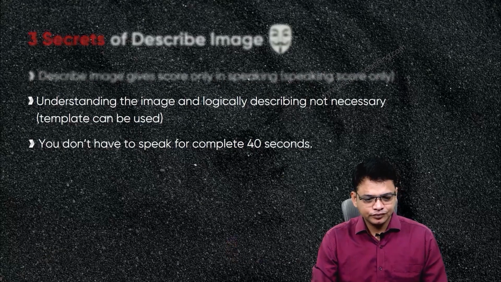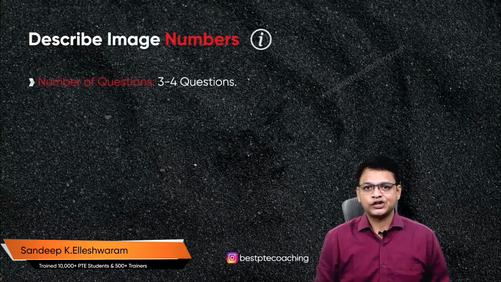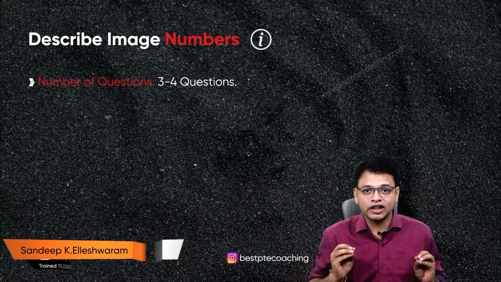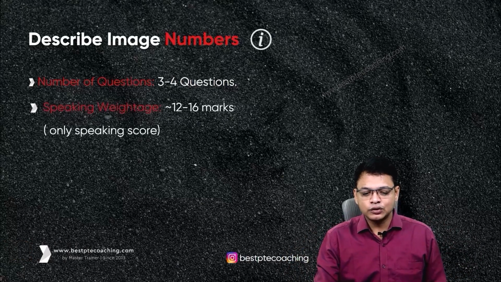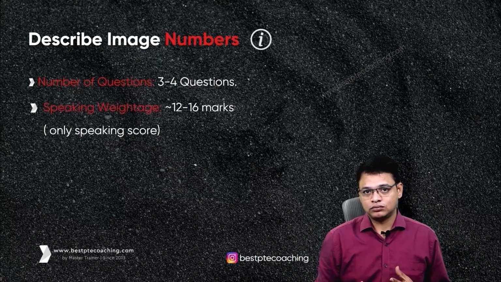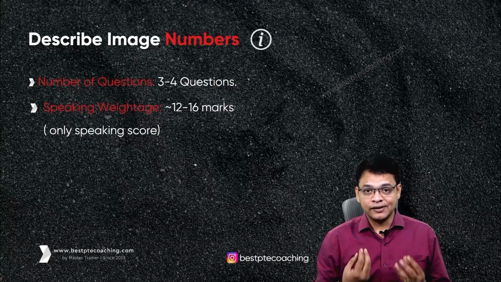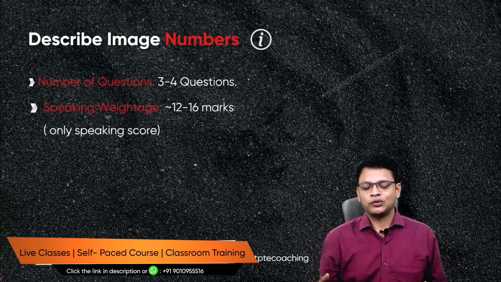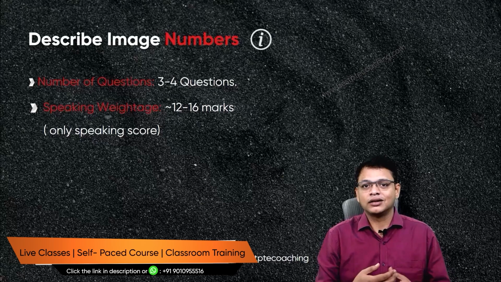Let's talk about the numbers of describe image. In the real test, you get a minimum of 3 questions and a maximum of 4 questions from describe image. And what kind of score does it give you? When you answer these 3 to 4 questions the way PTE loves, you get approximately 12 to 16 marks in speaking.